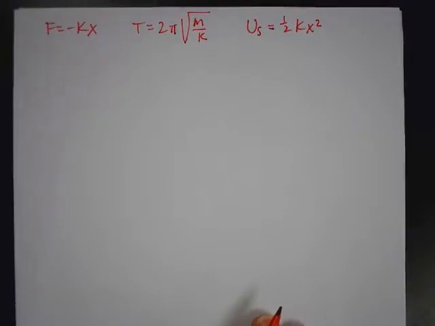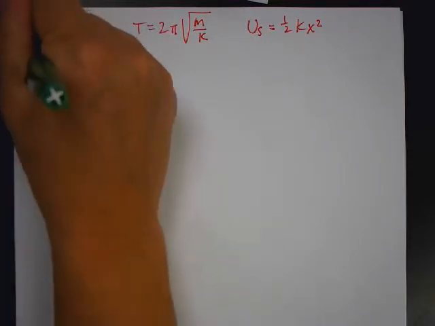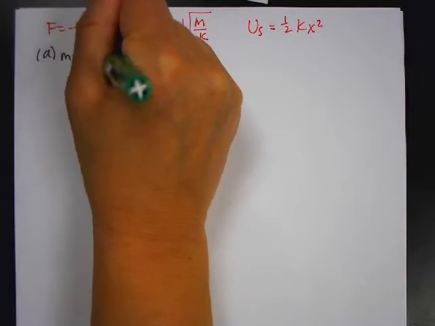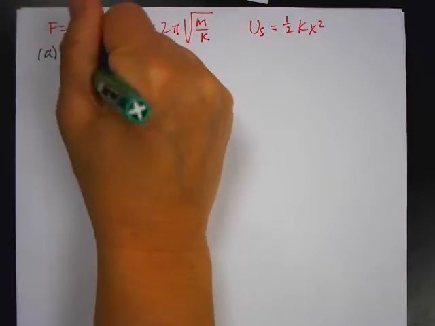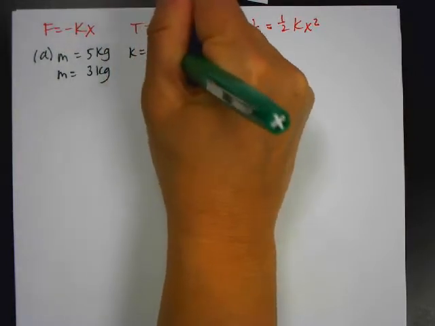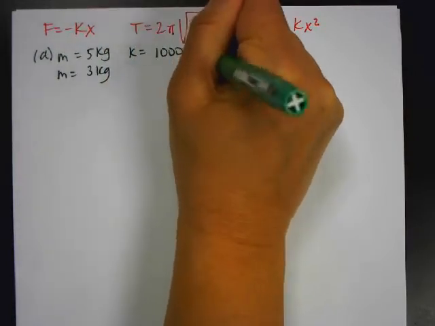So what I'm going to do is first write down my givens. They tell me that one block, the mass is 5 kilograms. The other one is 3 kilograms. And they tell me the spring constant is 1,000 newtons per meter.